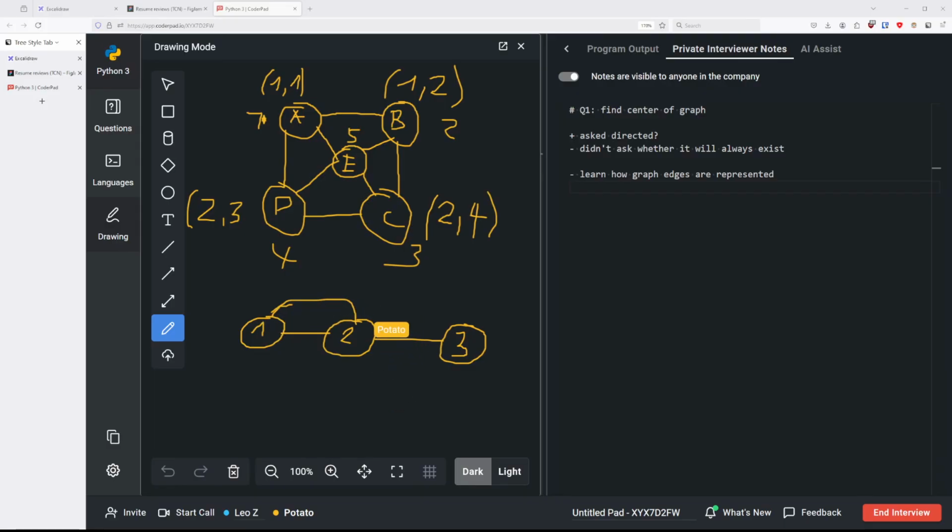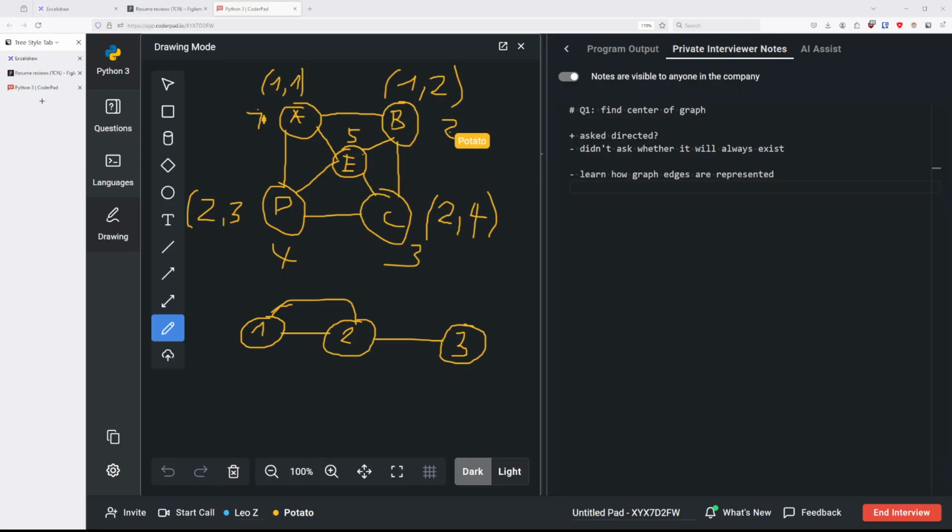So maybe we can go to the center node. I think we can do the BFS traversal to start, to find the graph that has a cycle, right? If we look at the first example, if we have 1, 2, and 5, this graph would create a cycle.